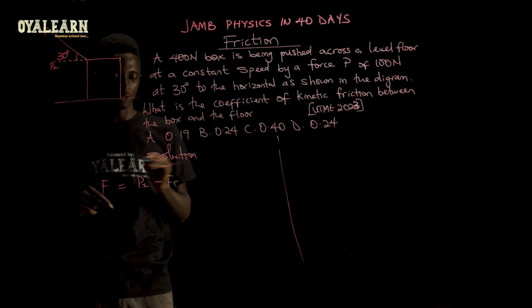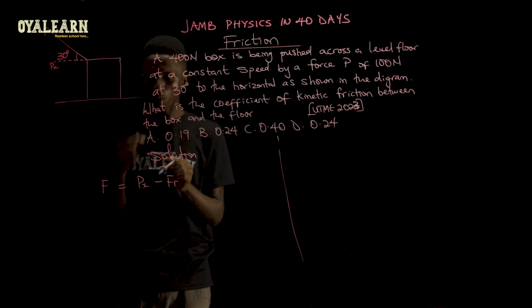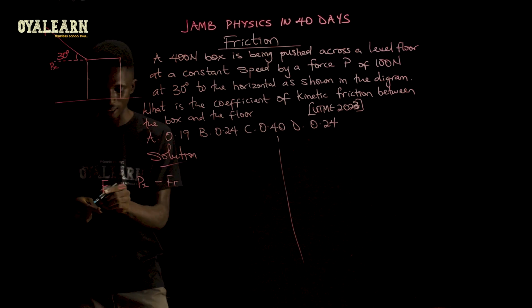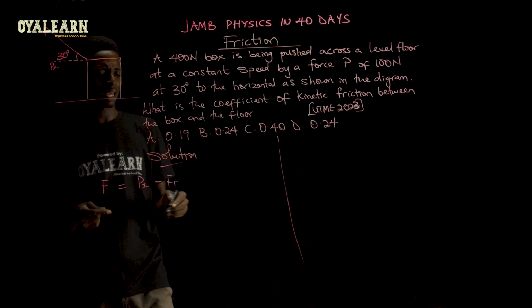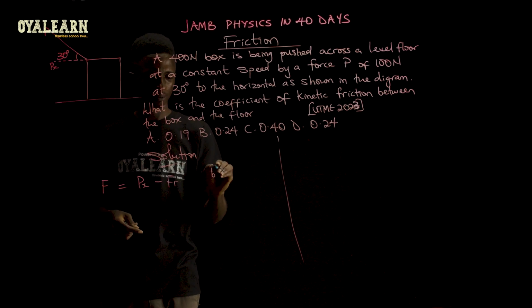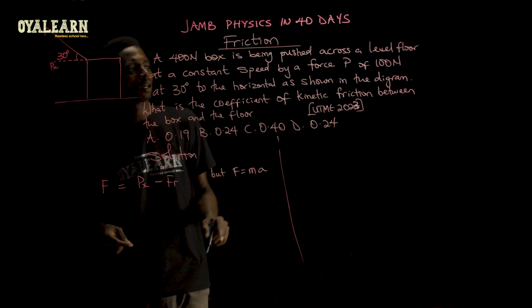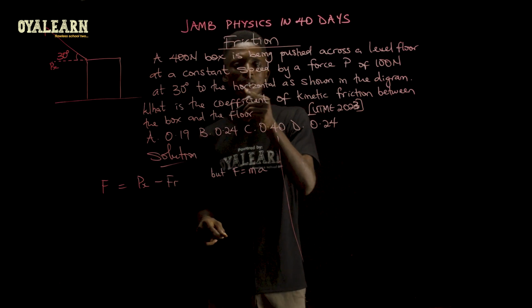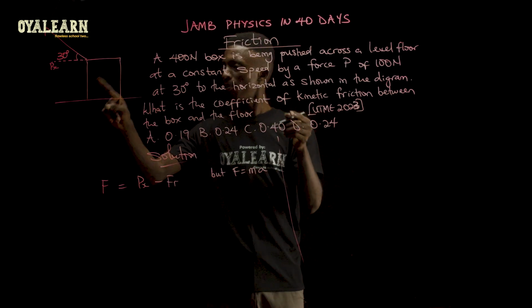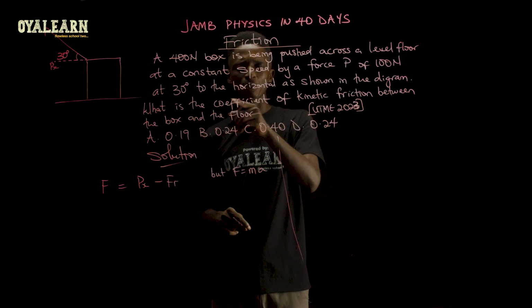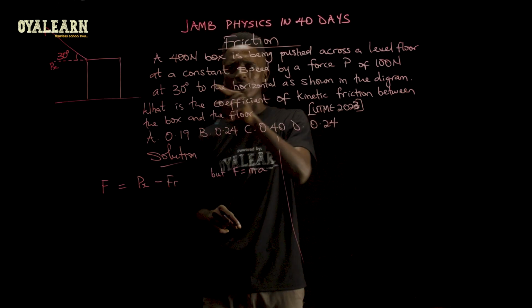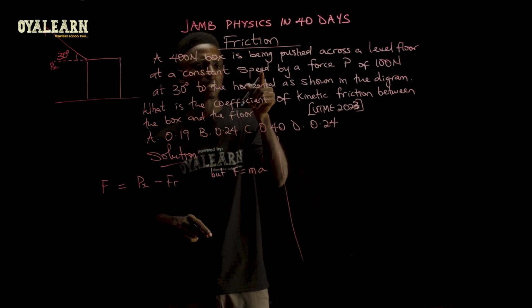Now remember F equals mass times acceleration, and in the question we are told that the box is pushed at constant speed. Somewhere in the question it says constant speed.